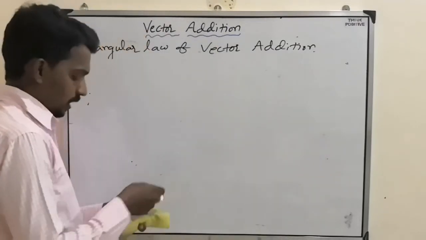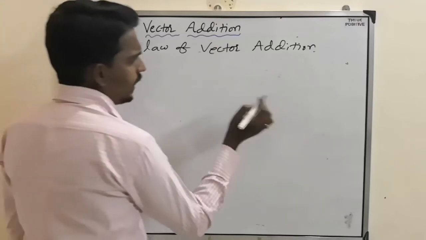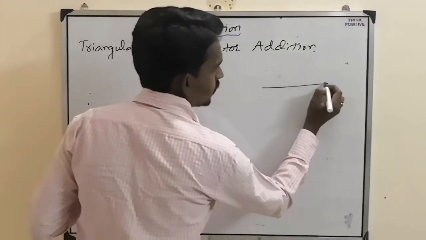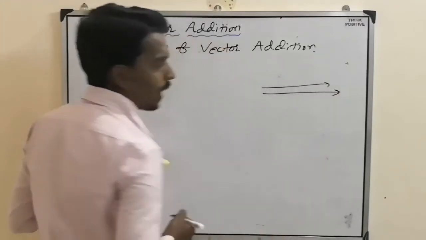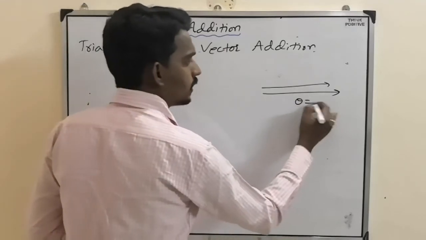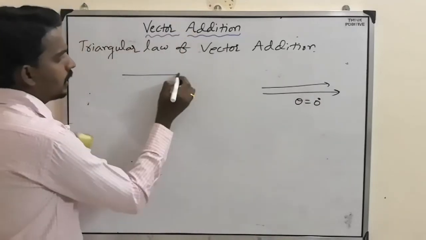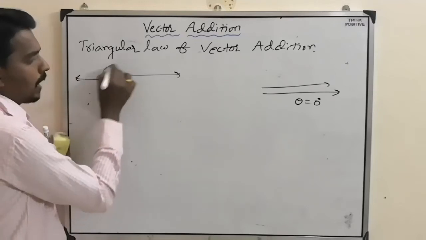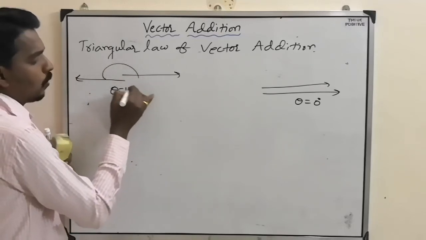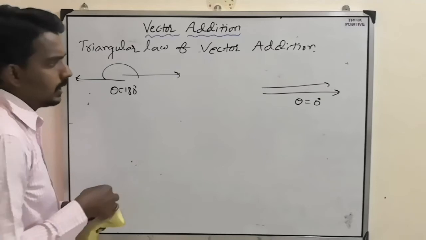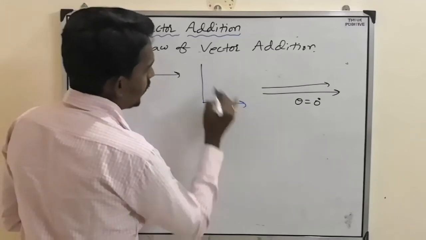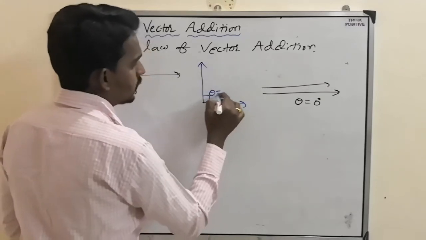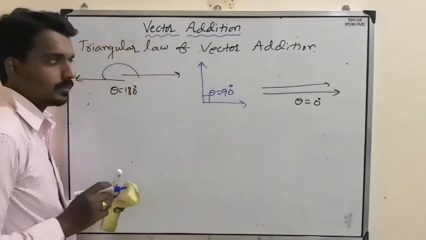Any two vectors you consider may be parallel, then theta 0. They may be anti-parallel, theta 180 degrees. They may be perpendicular, the angle is 90 degrees.